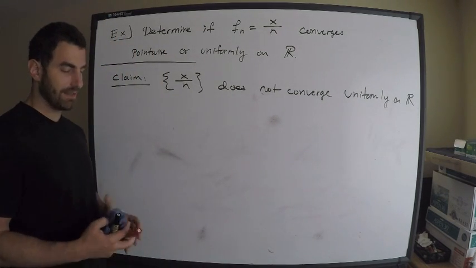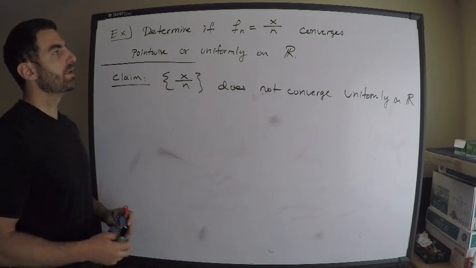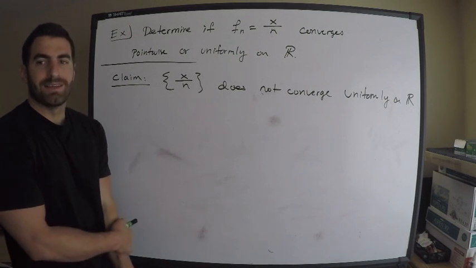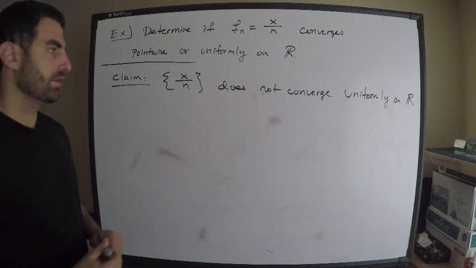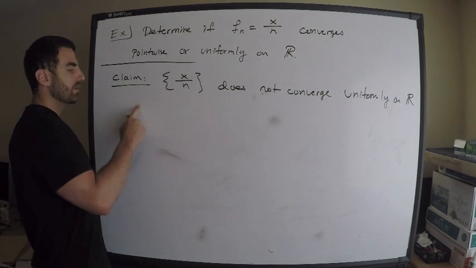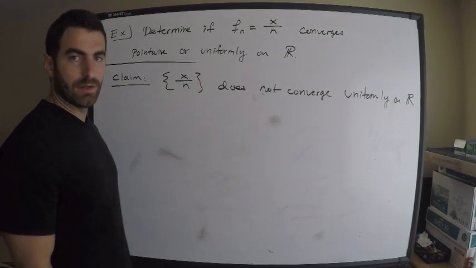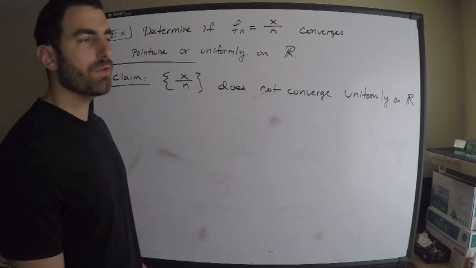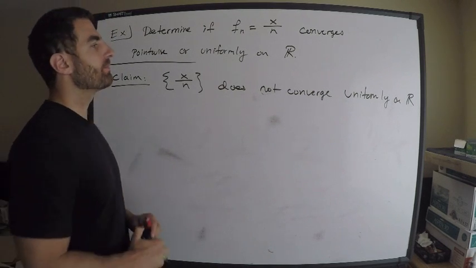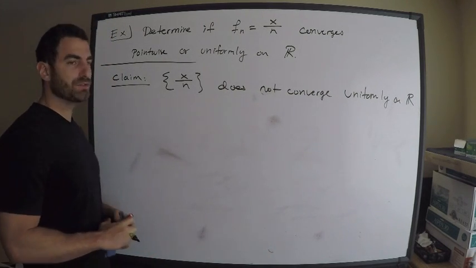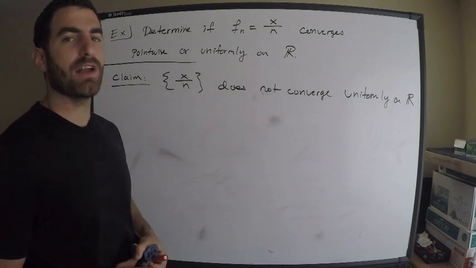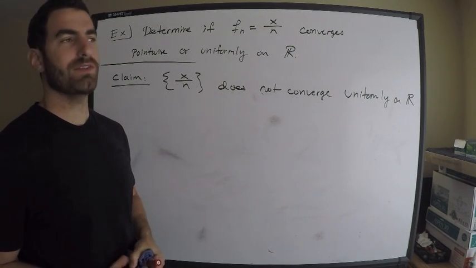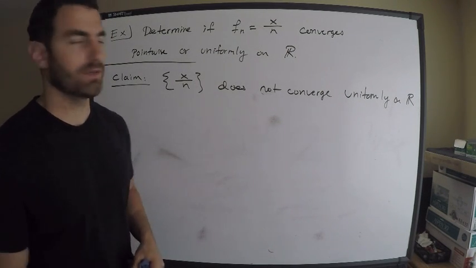So we're not fixing an x, but we can pick an x such that the convergence doesn't hold. Also we need to find an epsilon as well. So go through the contrary to the statement for uniform convergence. I want to show that it's not uniformly convergent. So what does it mean for something to be not uniformly convergent?